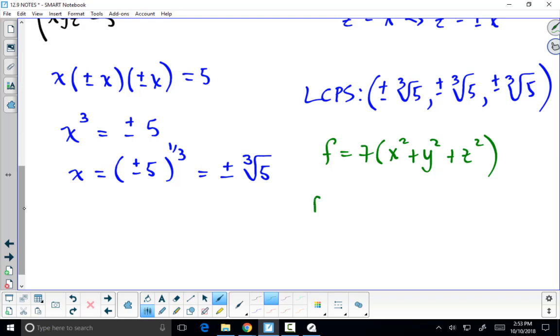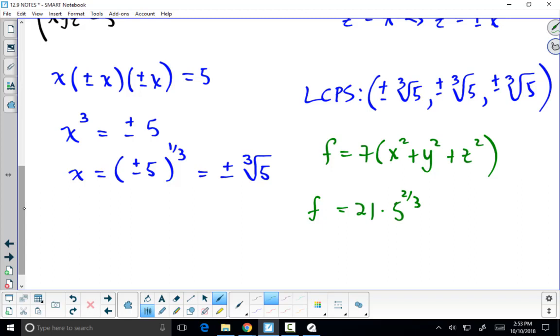So what is our function value at any of these points? The function value will be the cubed root of 5 squared plus itself. So we're going to end up with 3 times the same thing, so 21 times 5 to the 2/3.